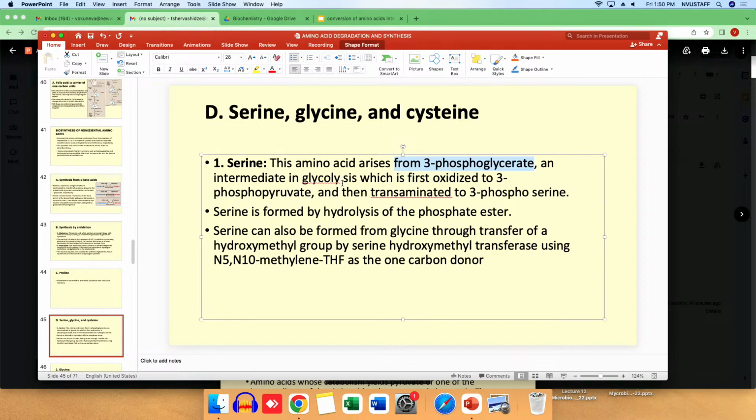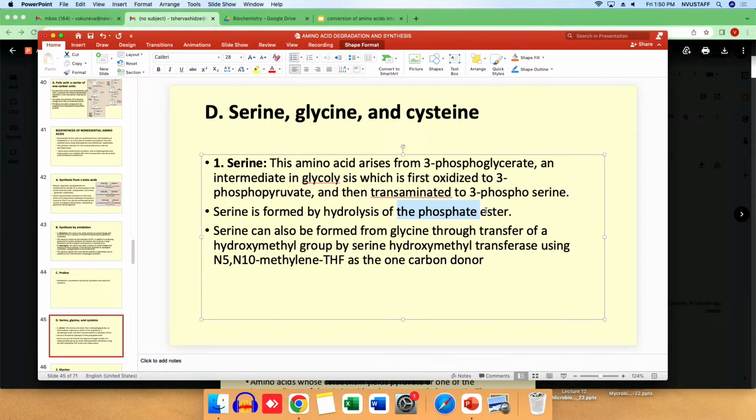glycolysis, or this is an intermediate product of glycolysis that can be oxidized specifically, and hydrolysis of a phosphate ester is important to give us finally serine. So what are the multiple steps?